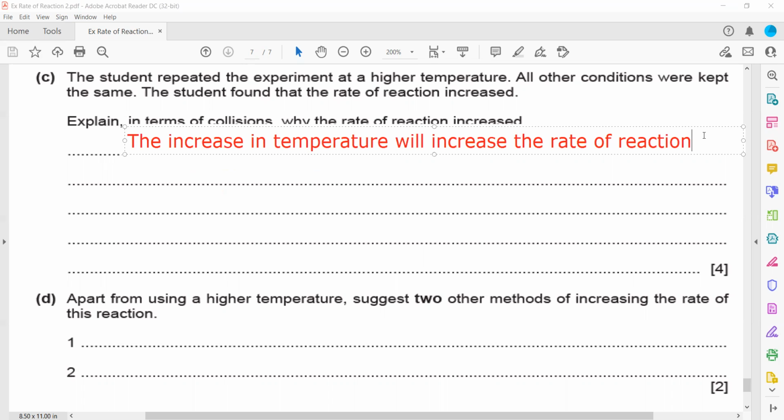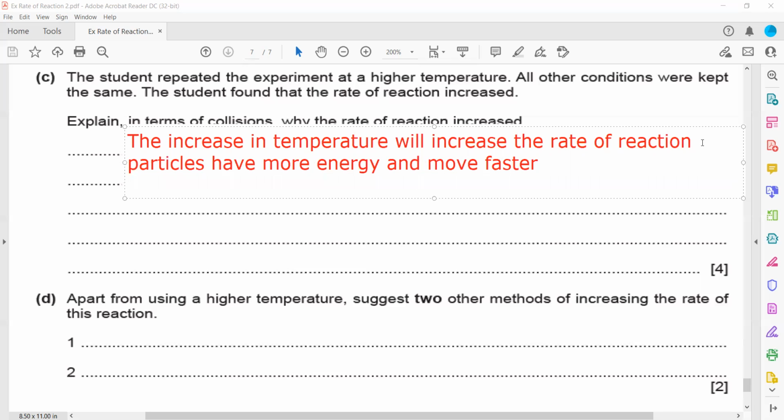Then second, what happened? The energy of the particles increases, and they move faster. Then what happened? More frequent collisions between the particles.